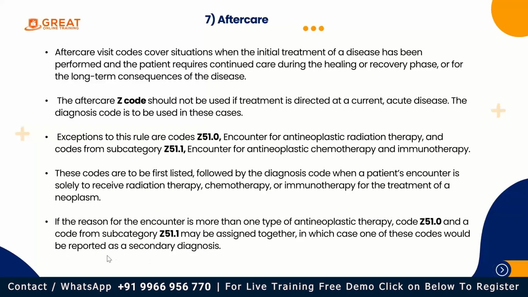So, if the reason for encounter is more than one type of anti-neoplastic therapy, you can use one Z code as principal and one of the codes as a secondary diagnosis. The Z51 category represents encounter for anti-neoplastic therapy, and we have separate codes for radiation therapy, anti-neoplastic chemotherapy, and immunotherapy. So make sure that you select the right code.